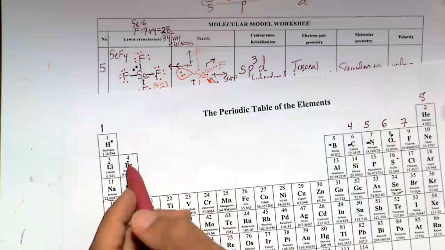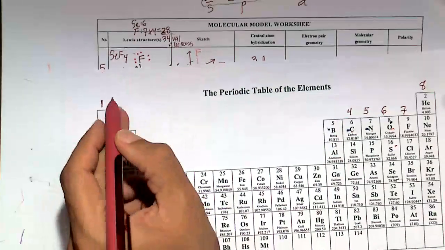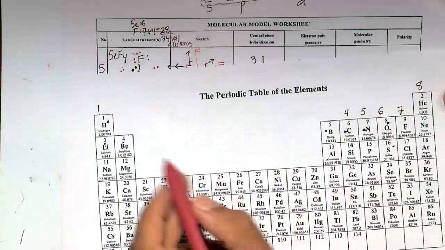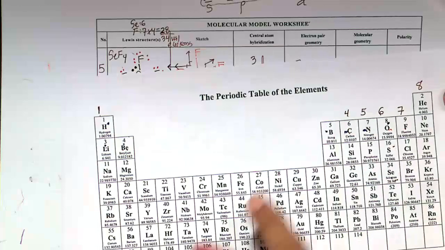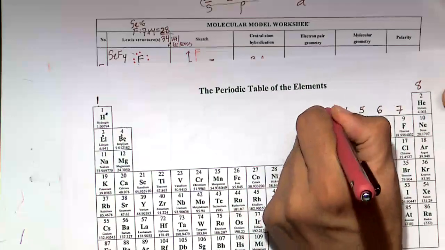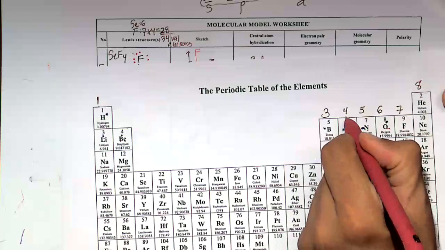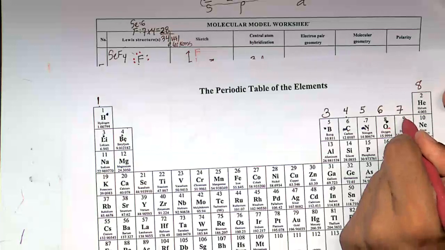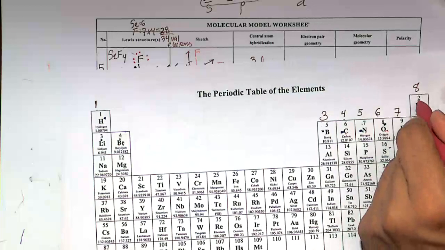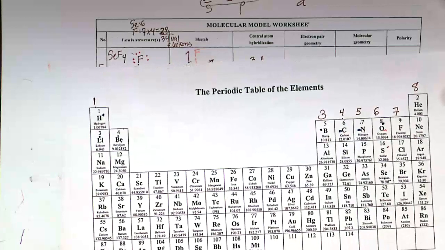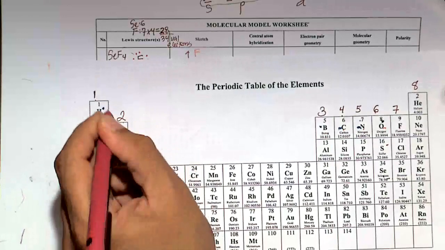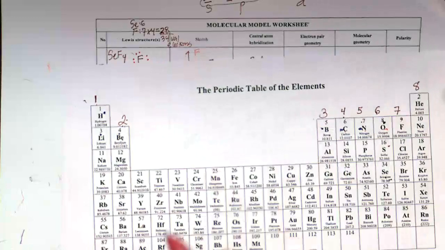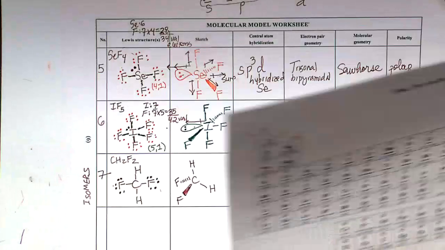I'm not really talking about these guys because they are metals. So this would be 2. Boron and the others in its column are happy at 3. Carbon is happy at 4, nitrogen at 5, oxygen at 6, fluorine at 7, and the noble gases at 8. So just go 1, 2, 3, 4, 5, 6, 7, 8.